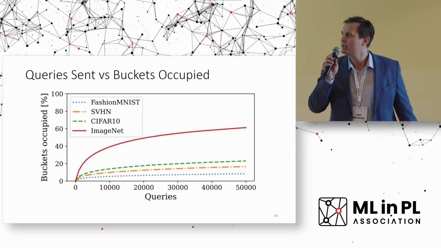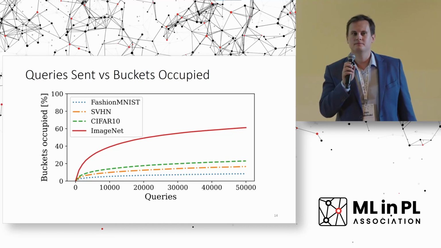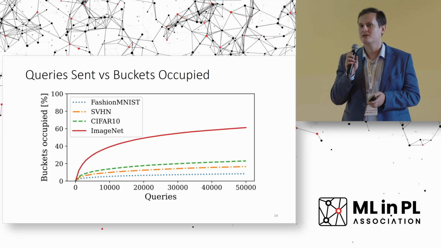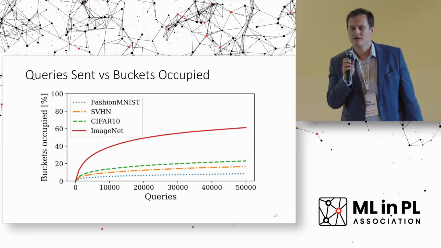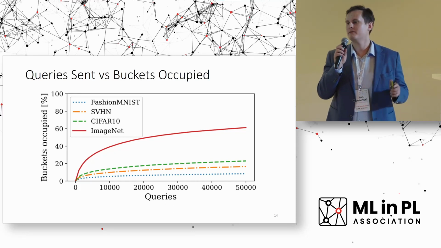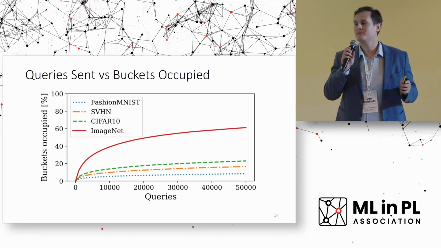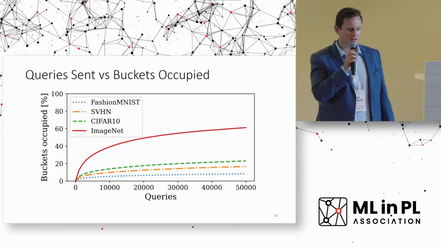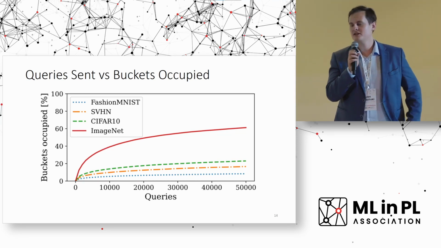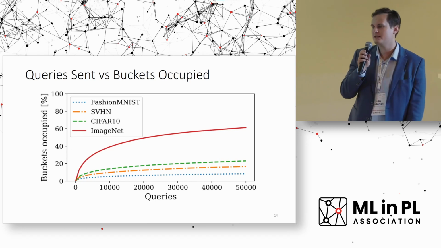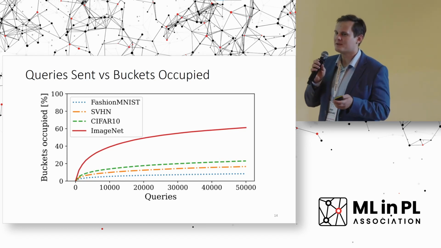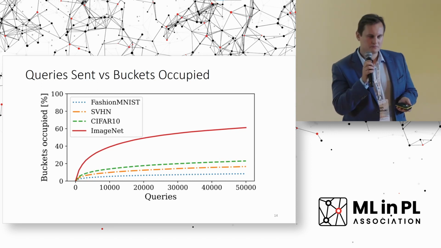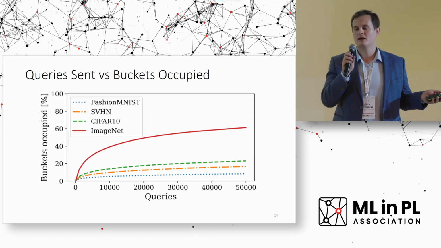And let's take a look at how the coverage of the latent space, so the number of buckets occupied, changes for different data sets or different behaviors. At the bottom, you can see SVHN, CIFAR10, and Fashion MNIST data sets, and they represent downstream tasks that legitimate users may want to solve.